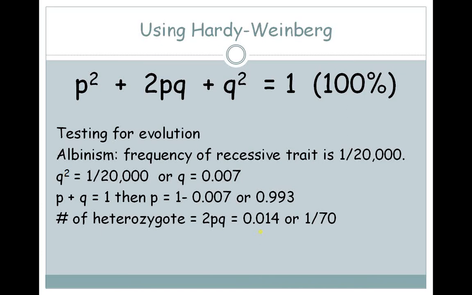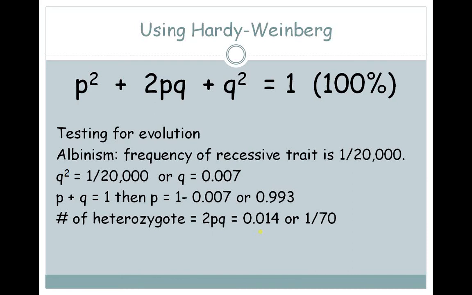So how do I actually use this? Well, when you look at a population, you want to focus in on the recessive trait. Here's an example. In our population, the frequency of albinism, individuals that are albino, of a certain type, is 1 in 20,000.